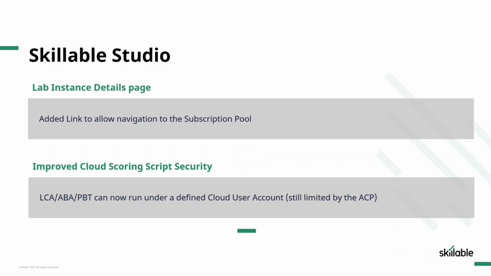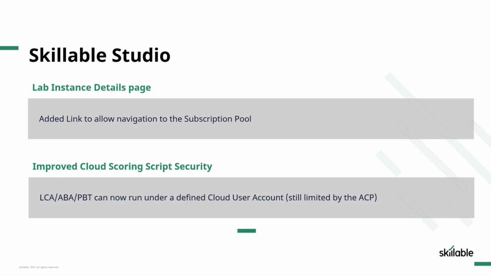So the first thing, we've just made life a little bit easier for lab developers that are looking at lab content and lab instances where there's maybe an issue. When you looked at a lab instance, I'm sure you've all got familiarity with it, there's lots of details about what data center, all that sort of stuff. If it's a cloud lab, one of the things that it puts in there is the subscription pool name. In the past, it just put the name and you then had to go searching for the subscription pool.